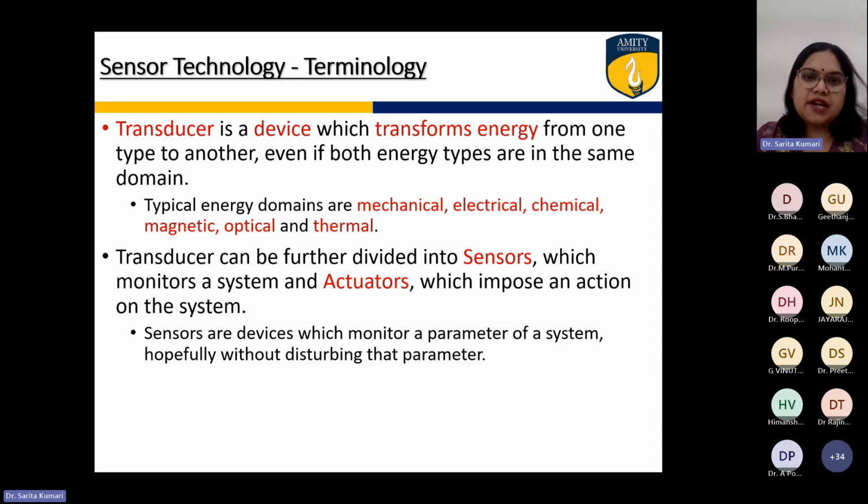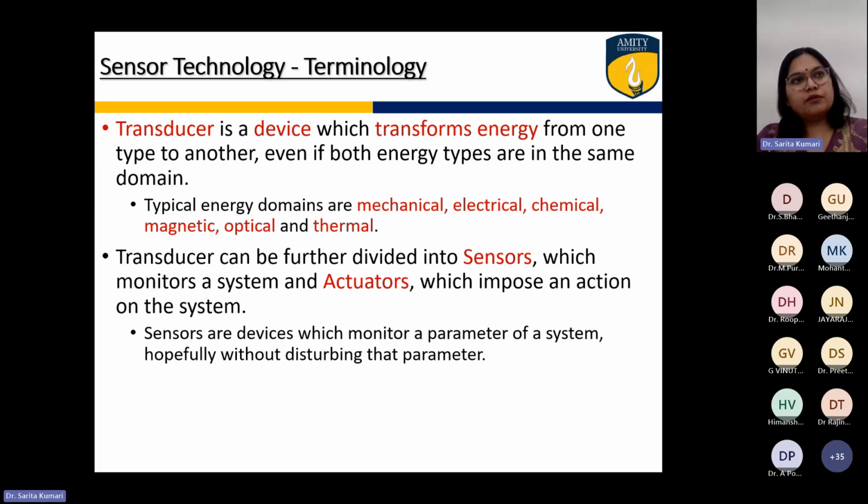induction at the secondary side of the transformer, and depending on that only we are going to find out the output, which is in the form of voltage, whereas the input is in the form of displacement, right? So you can just see this is an example of a transducer where the input was displacement.